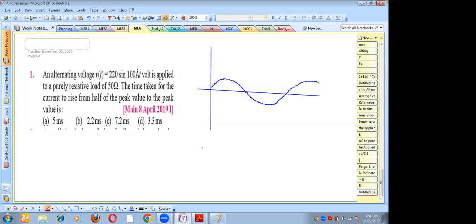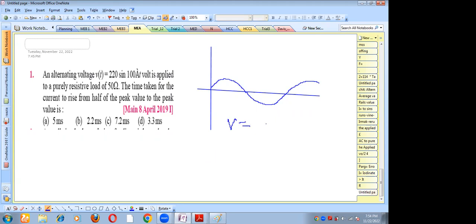The time taken for the current to rise from half of the peak value to the peak value is. So we have to calculate the time only. So we can calculate the time.